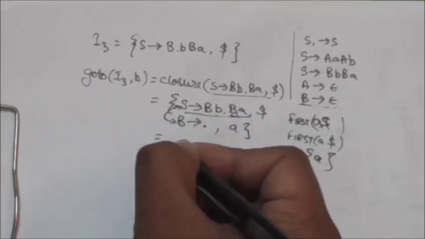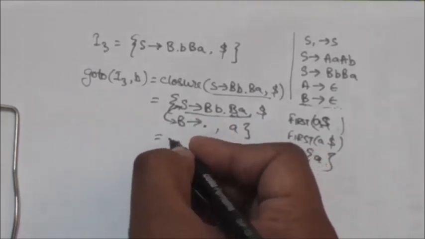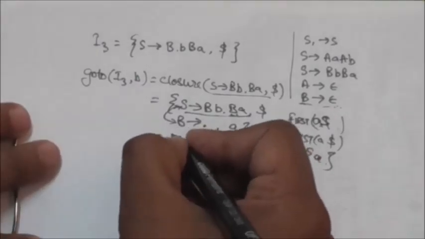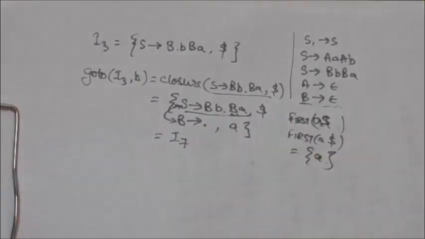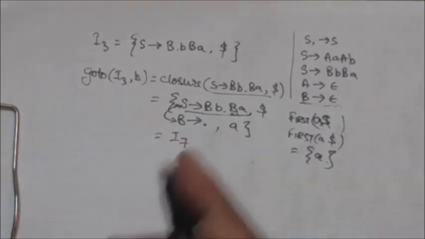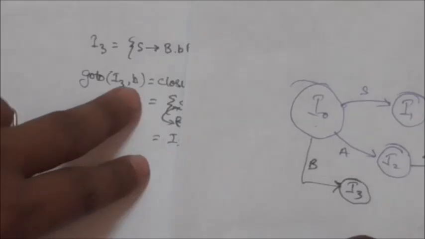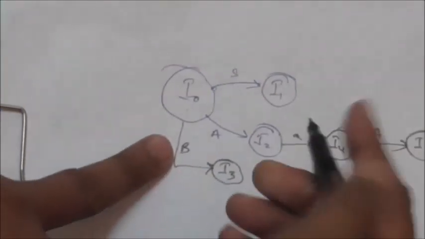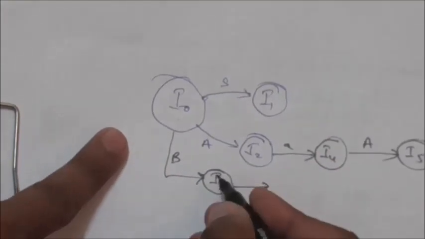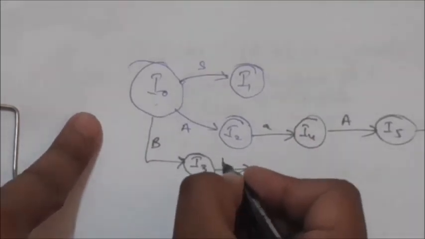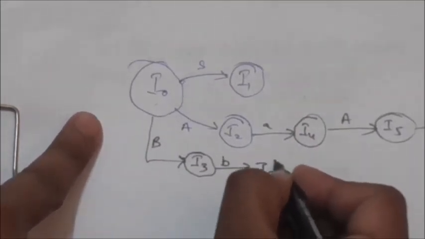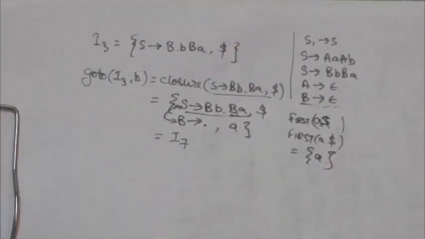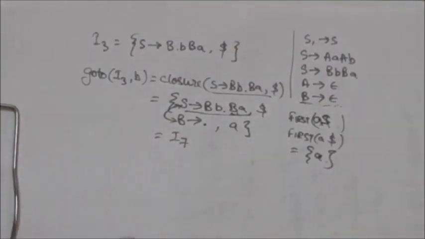Let this be the state I7 of DFA, right. So in DFA I will show this transition go to I3B is equal to I7. So when the DFA is in state I3 and it reads the terminal symbol B, then it jumps to state I7. Now I have to find the transitions of state I7.